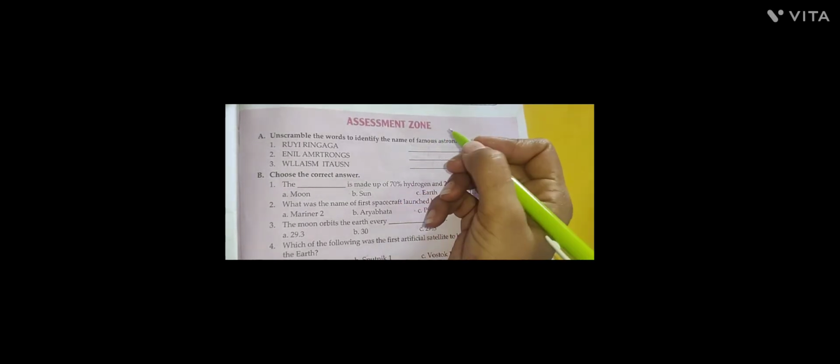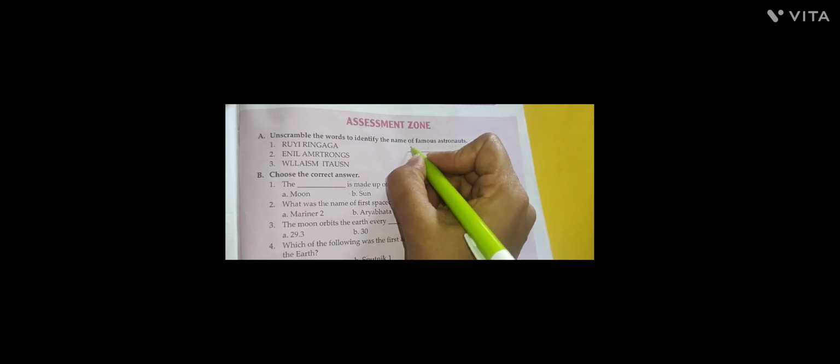Unscramble the words to identify the names of famous astronauts. This is also important. Let's unscramble it. This is Yuri Gagarin. Next is Neil Armstrong.